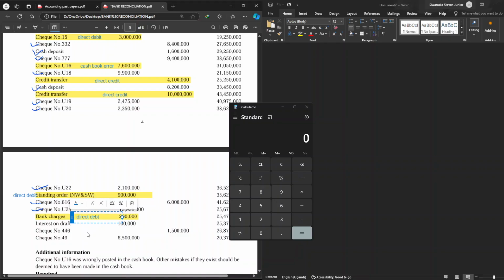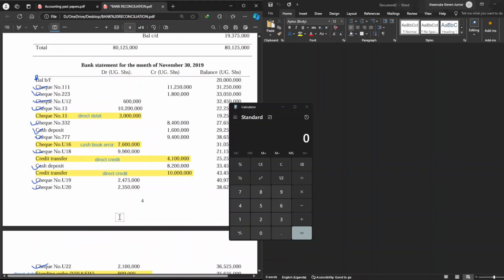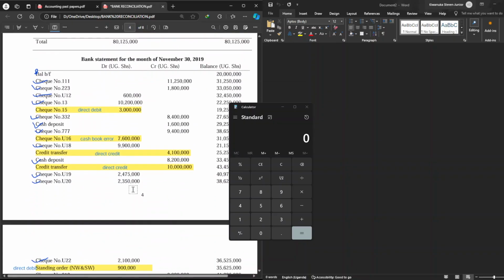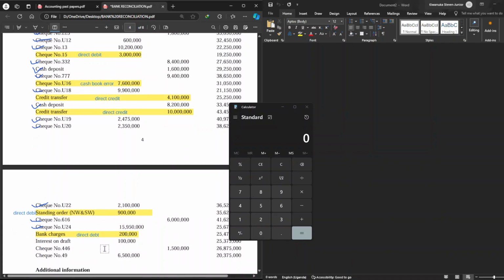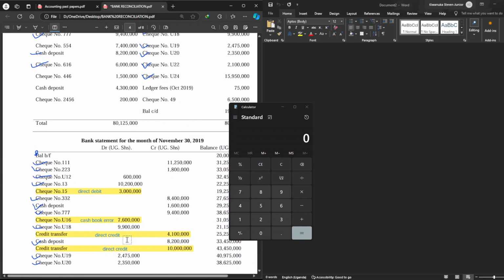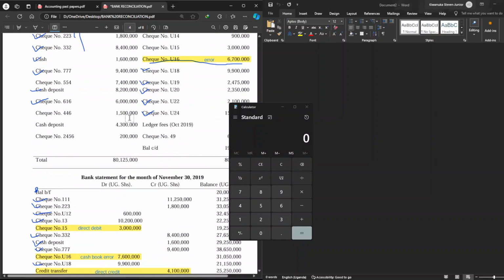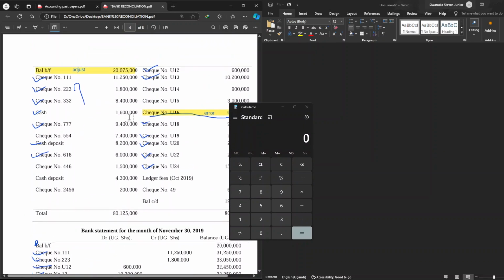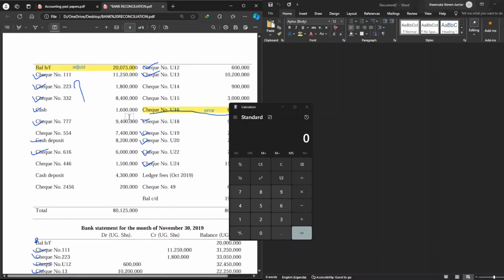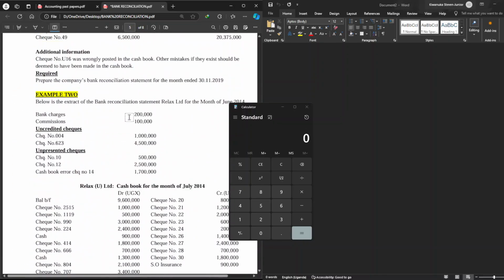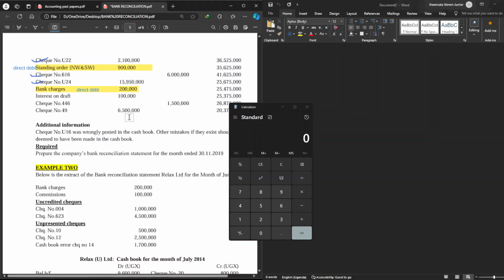So we come to interest on draft. They are also often forgotten. Interest on draft 100,000. So it is also not there. We'll put there direct debit.